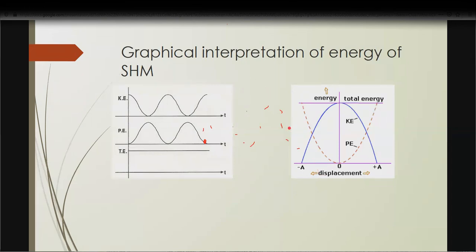Variation of acceleration with displacement. A equals minus omega squared x. So a is proportional to minus x. That means y equals minus mx. Variation is y equals minus mx. Velocity with displacement. And velocity with time.